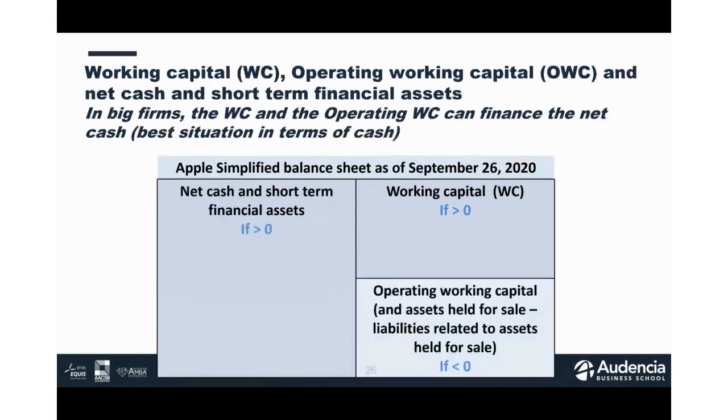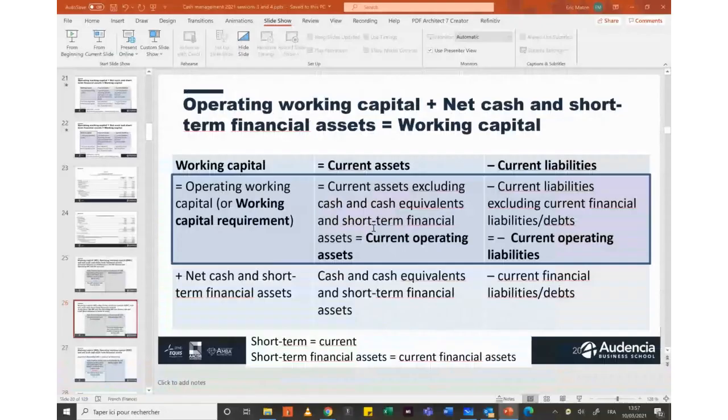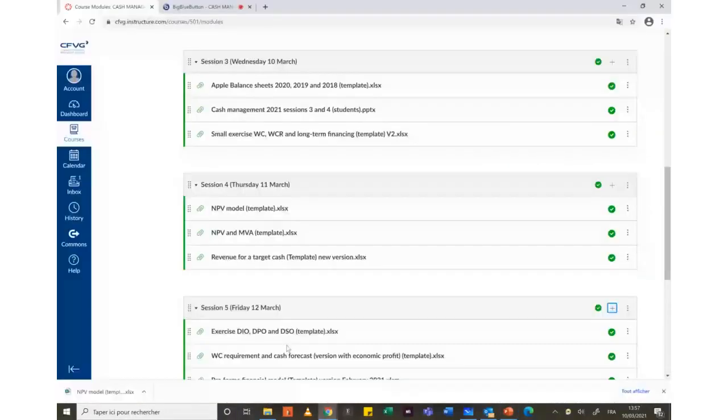So we can go to the Excel file for Apple. On Canvas, you have for session 3 the Apple balance sheet for the years 2020, 2019, 2018. You can download the template.